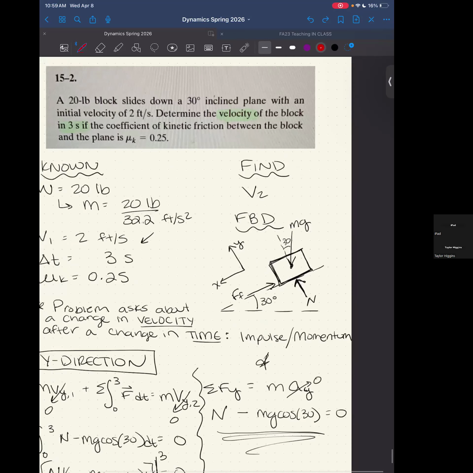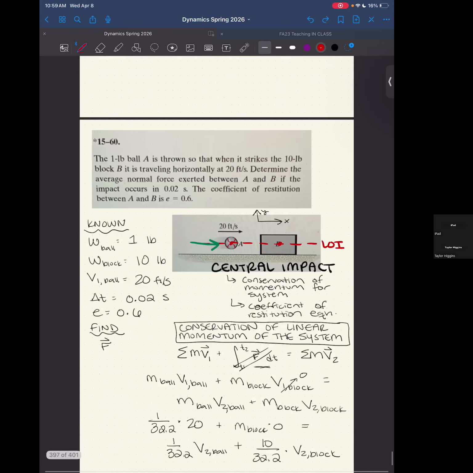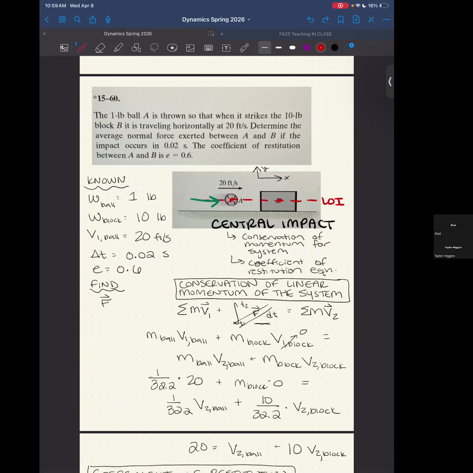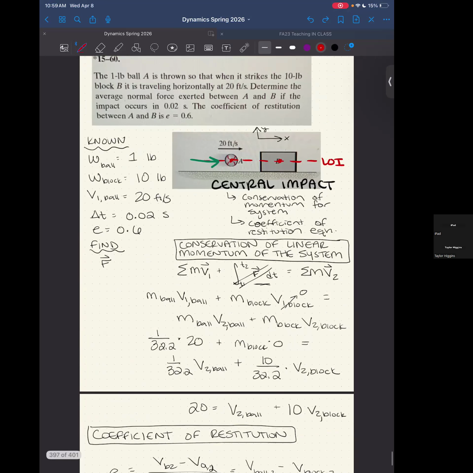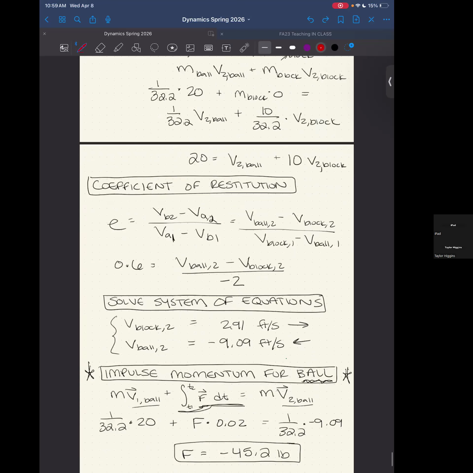I only have 1 minute, but for problem 2, I got a little confused because if you scroll down, for your coefficient of restitution, what I had was B as being the block.